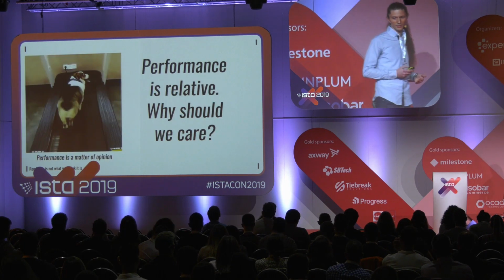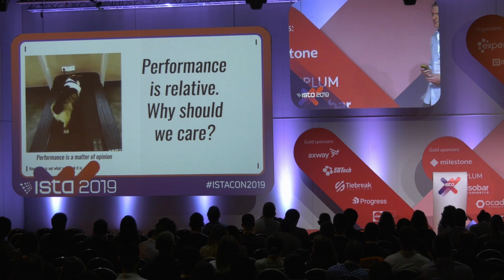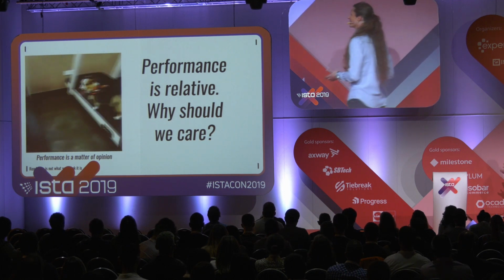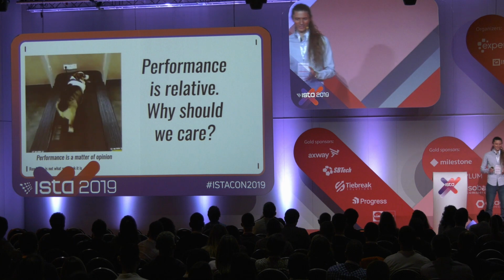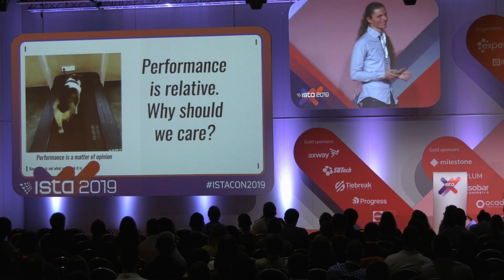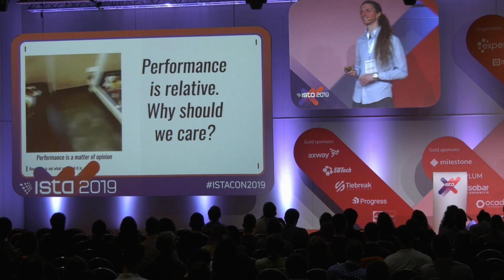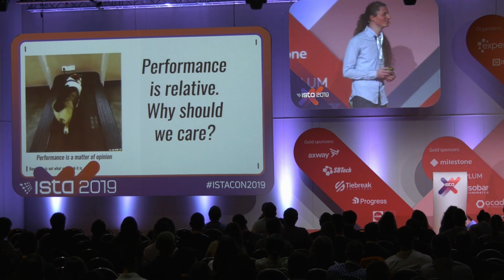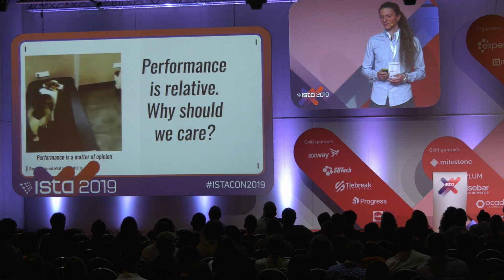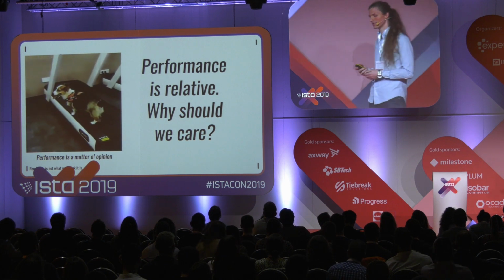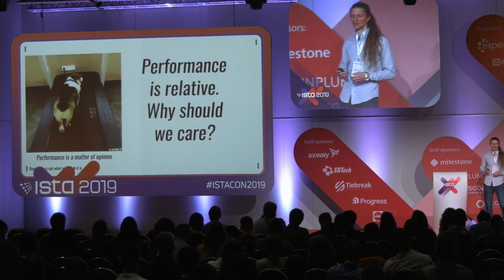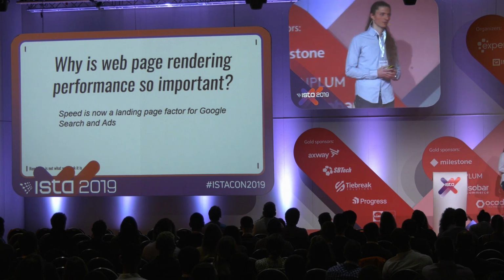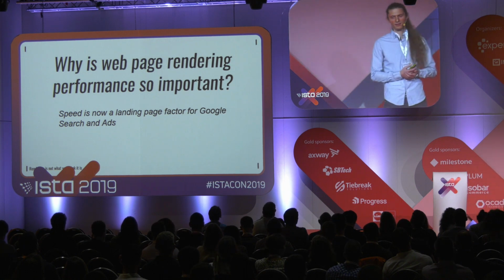But then again, we get to another important question. Why is rendering performance so important? After all, rendering and performance are relative terms. Some people have different perceptions about what is fast or slow. And the actual thing that makes it very important is that over the last couple of years, Google actually changed the way they index web pages.